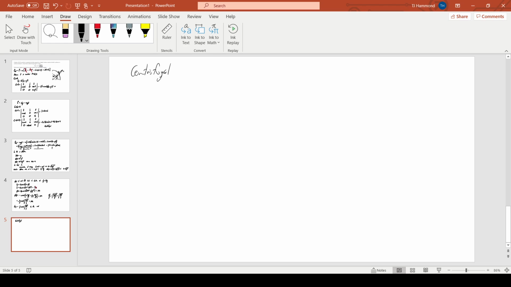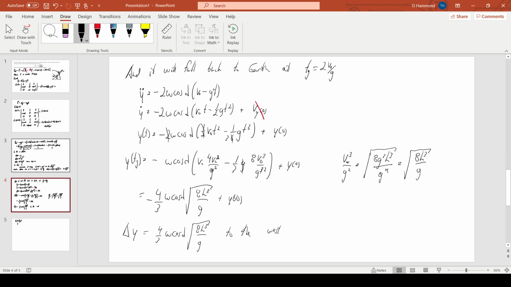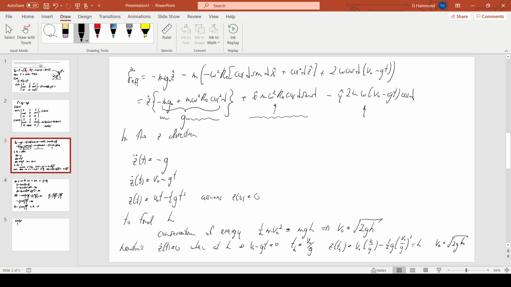Centrifugal. So what we have, remember we'll also have this contribution to the x hat direction. In the z hat direction, we've just said that this g is reduced by an amount from g naught.